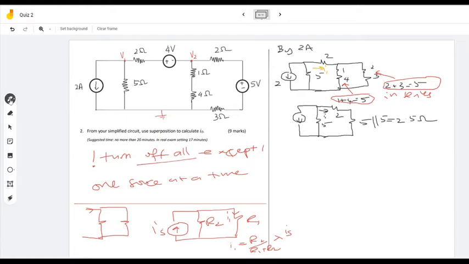So by current divider, I1 is negative of the opposite resistor, which is 5, over the total resistor, 5 plus 2 plus 5. Everything else you can just do that if you want.